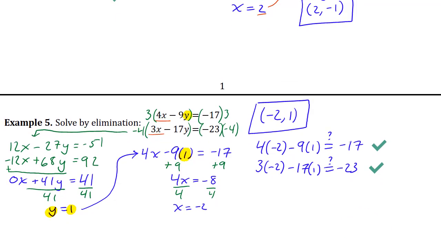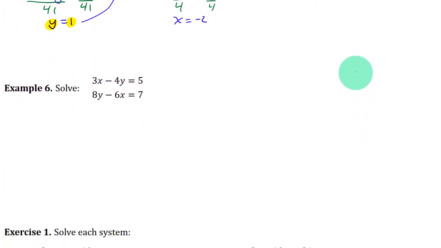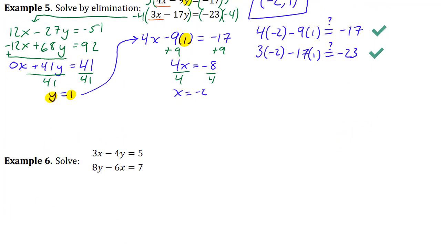All right. So let's do one more of these before you have some exercises to work out on your own. So let's see. If I wanted to do this one, you could either use substitution or elimination. You should get the same results either way. And so let's see.